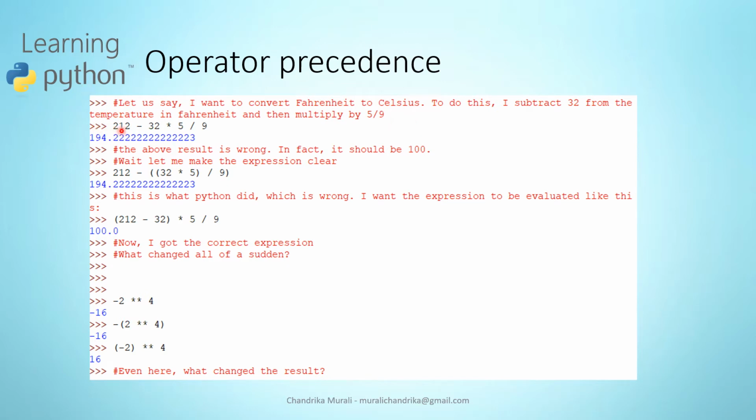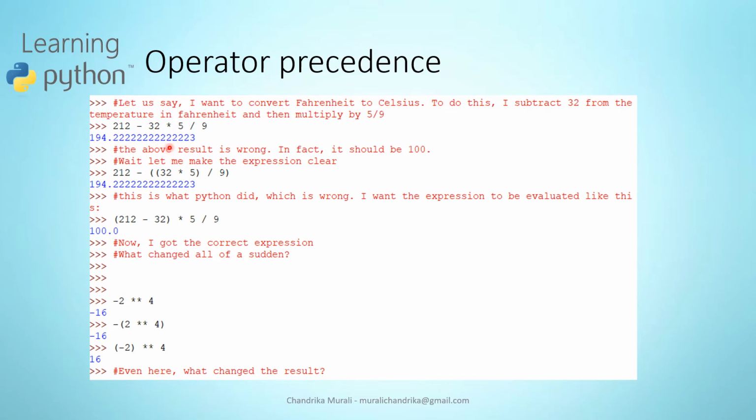So I have 212 degree Fahrenheit and I want this converted to degree Celsius, and when I apply the formula, 212 minus 32 into 5 by 9, this is the formula. 212 should be subtracted by 32, then multiplied by 5 by 9. So when converted, my resultant value should be 100. 212 degree Fahrenheit is equal to 100 degrees Celsius.